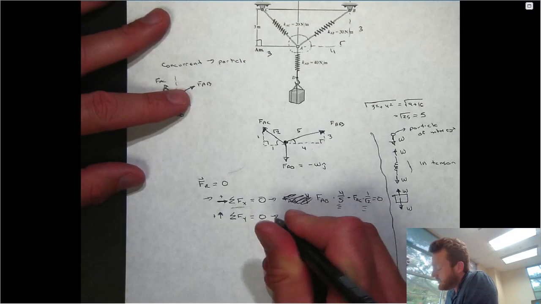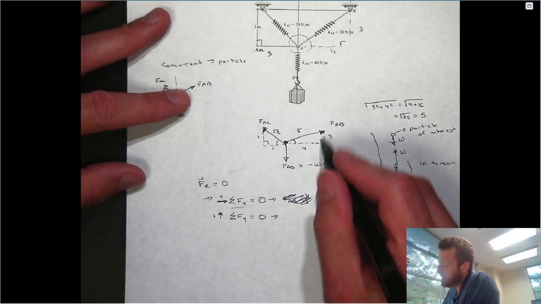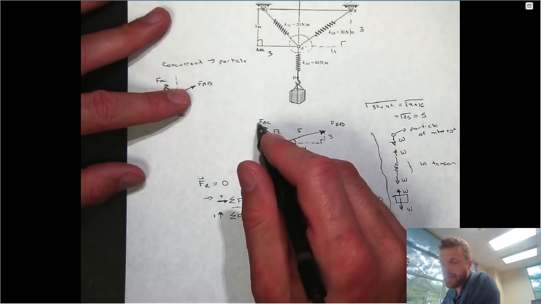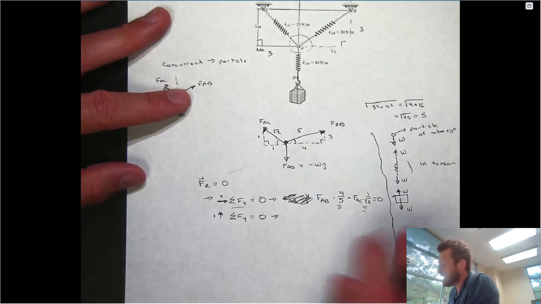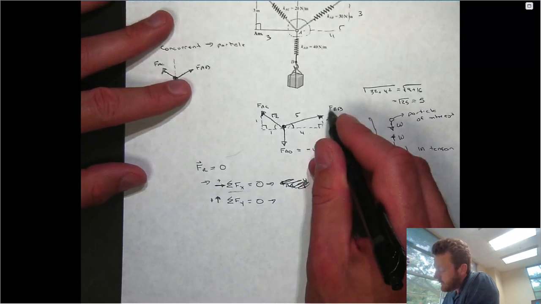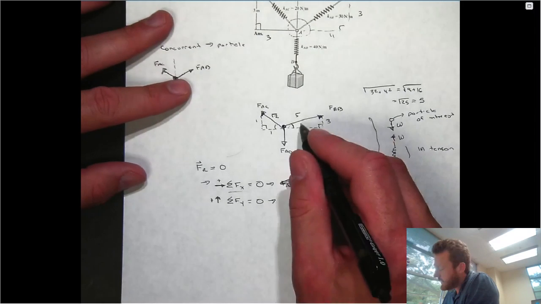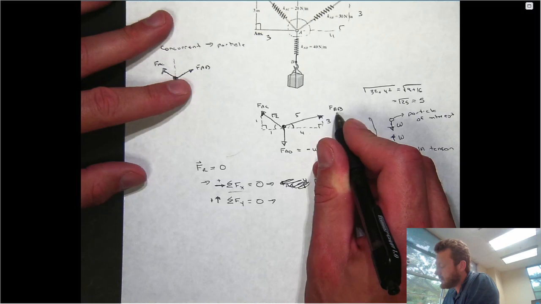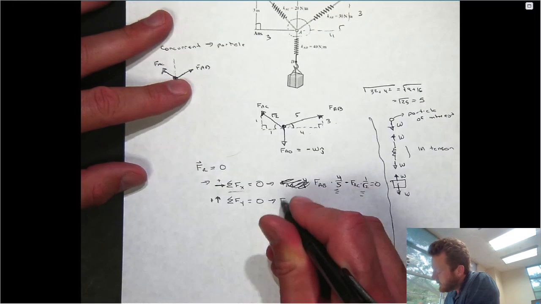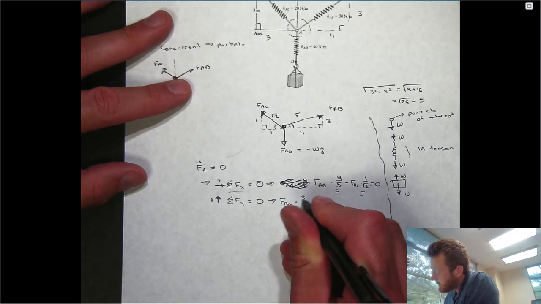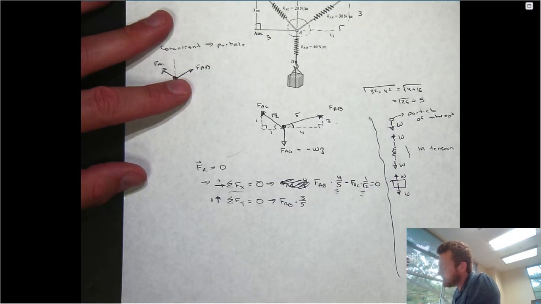What about in the y direction? Well, physically what I know is the pull up by FAB and FAC counterbalances in equilibrium the pull down of FAD, which is just the weight. So what that means is that the y component of FAB, which I can get by taking the magnitude of FAB, which I don't know, times the sine of this angle, which is just 3/5. So FAB times 3/5, that's positive because by convention it's pulling up.